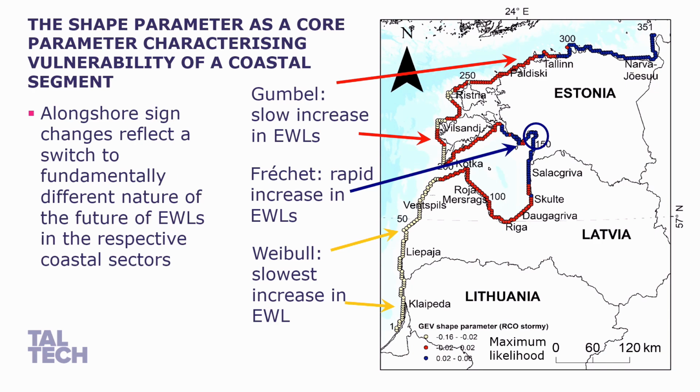And the points marked with blue follow the Frechet distribution, and in these regions the increase in extremes may be rapid, and these areas are more prone to extensive floodings in the future. And the points marked with yellow should follow the Weibull distribution, and they show the slowest increase in extreme water levels in time.